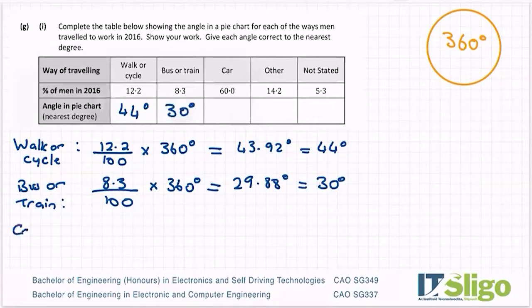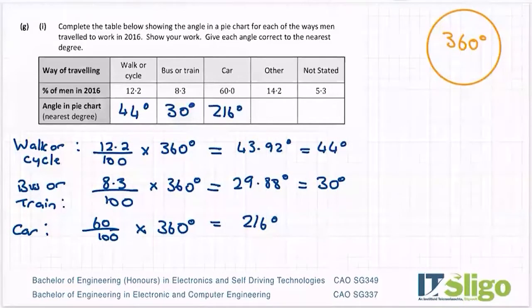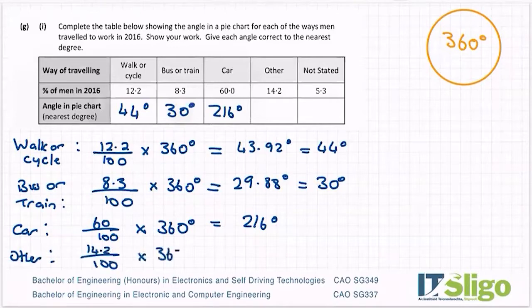Okay, car is next. So 60 out of 100. So this is going to be by far the biggest section of the pie because that number 60 is a good bit bigger than the rest of them. So 60 over 100 multiplied by 360, and I'm getting 216 degrees for that one. So a huge one for that. Other, so it's 14.2 of the 100 multiplied by 360 degrees.